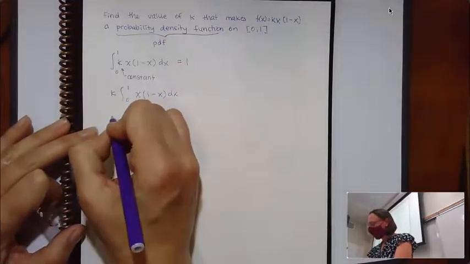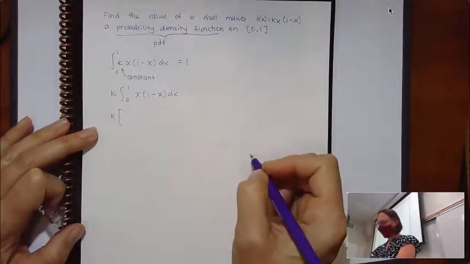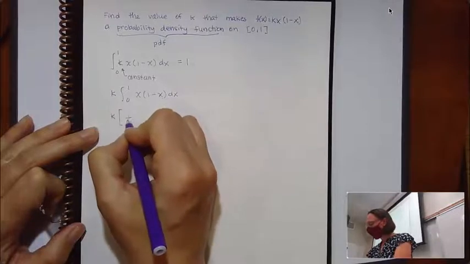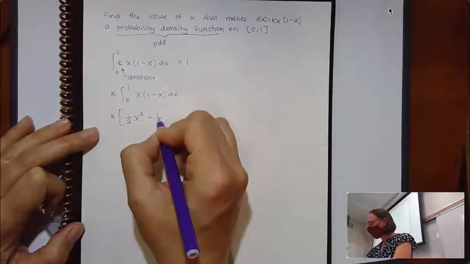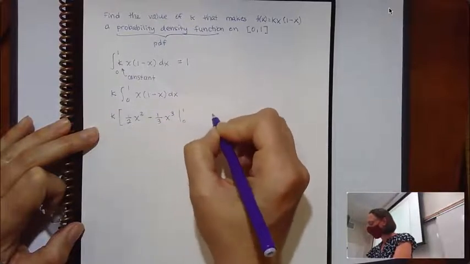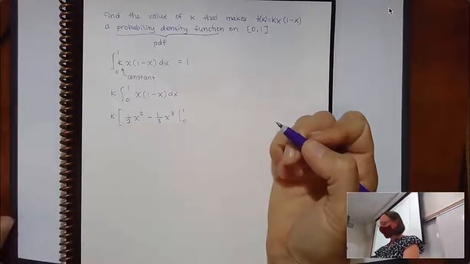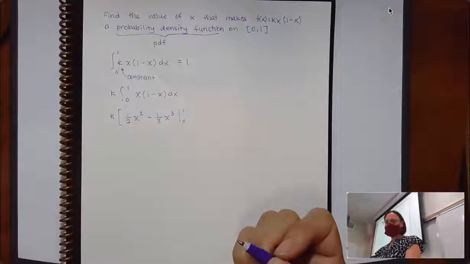If you got the integration part, just leave the K out here. I think I'm getting 1/2 x squared minus 1/3 x cubed. Does that look right to anybody else? Yeah. I got an impossible answer. Maybe I can help.